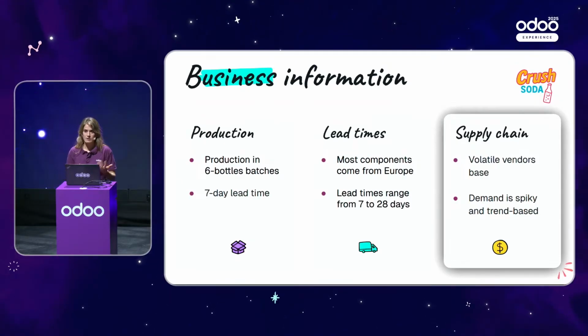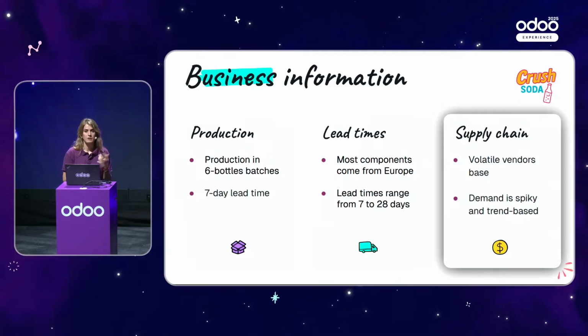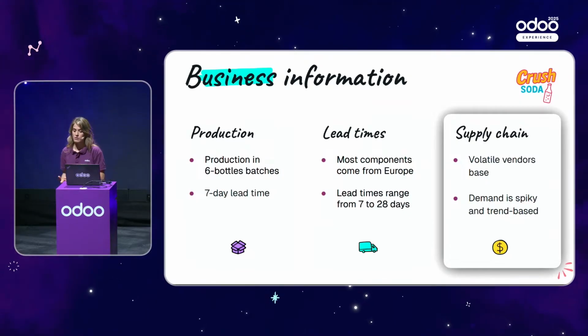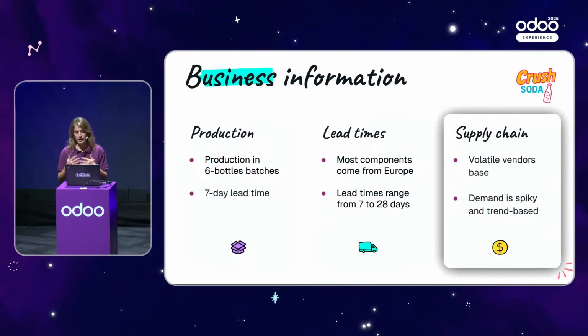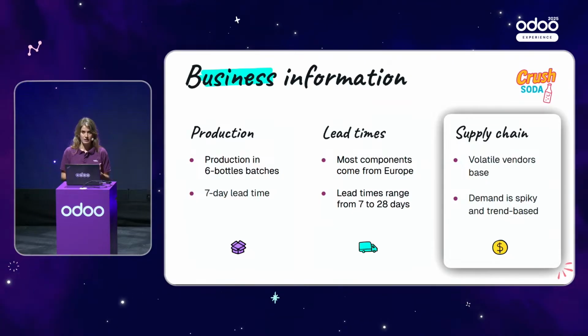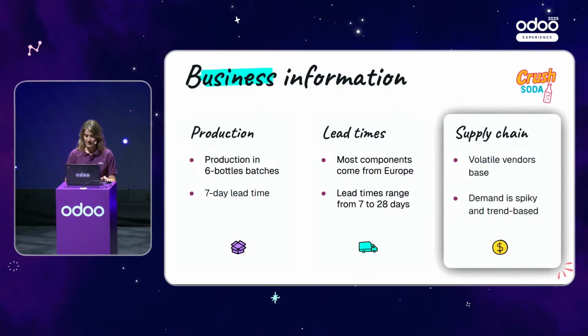So they are still checking whether they are happy with one vendor, whether they can trust another vendor, and so on. And about demand, their demand is spiky and trend-based, so they follow parties, festivals. We all know that good companies like to have their event one year in November, one year in October, one year in September, so who knows?